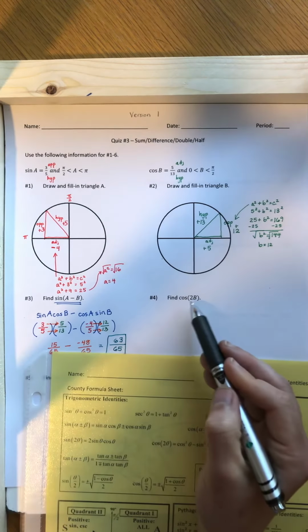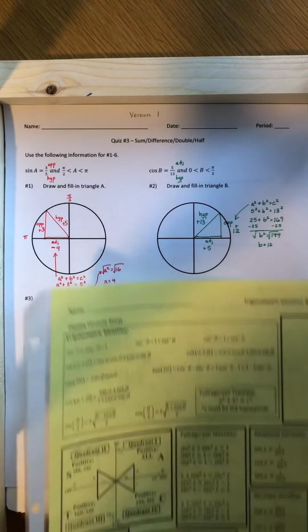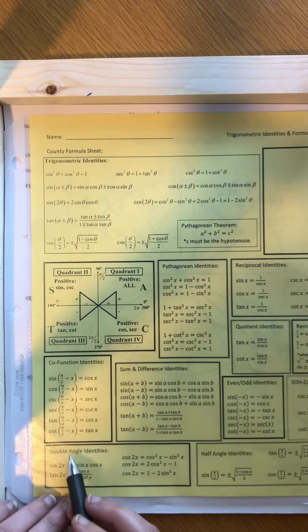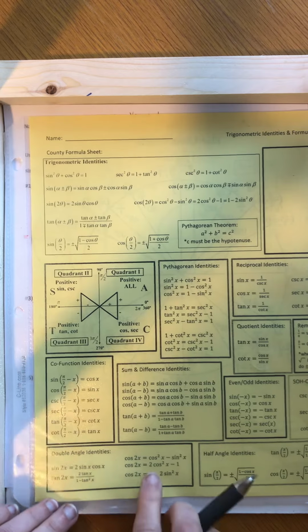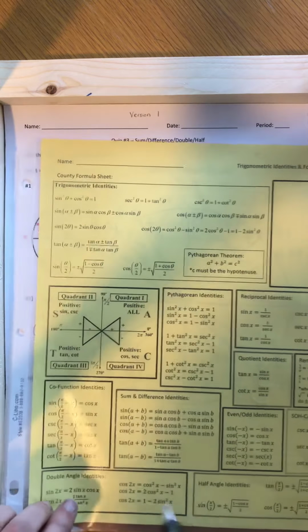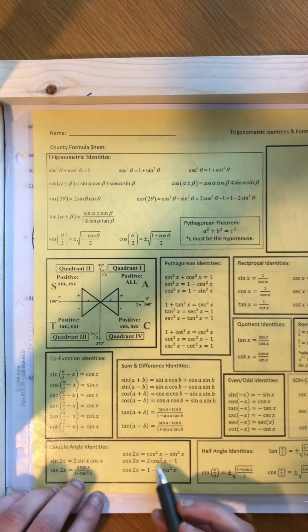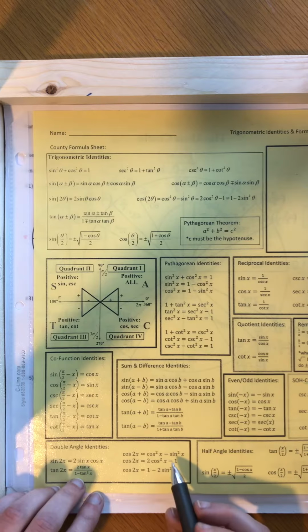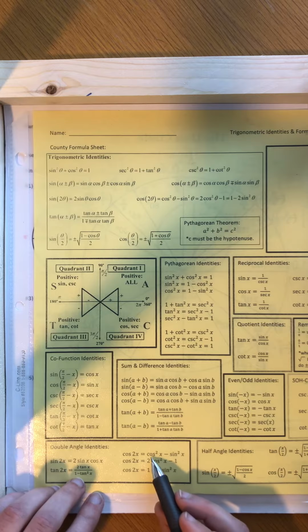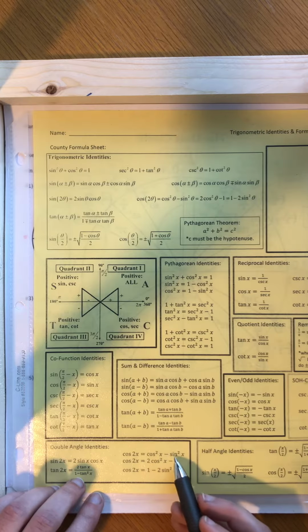To find the cosine of 2b, you're going to look down here in my double angle identities. I'm finding the cosine of 2x. There are 3 formulas to choose from, and I think the first one's the easiest. So I'm going to do cosine squared x minus sine squared x.